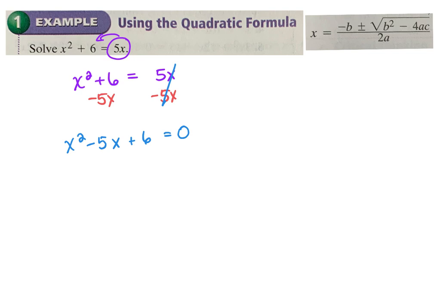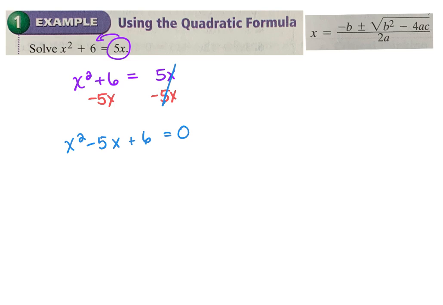But if I give this to you and say use the quadratic formula, then you have to use the quadratic formula. But they've given us one where you can see that they both work, all right? So if I were to factor this, how would I factor it? 3 and 2, right? So now we're going to use the quadratic formula, and what we're looking for is we should get those answers when we use the quadratic formula, all right?